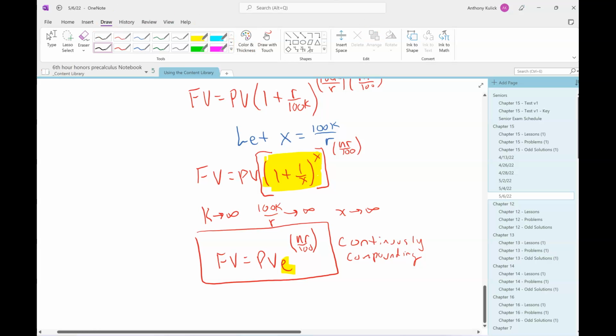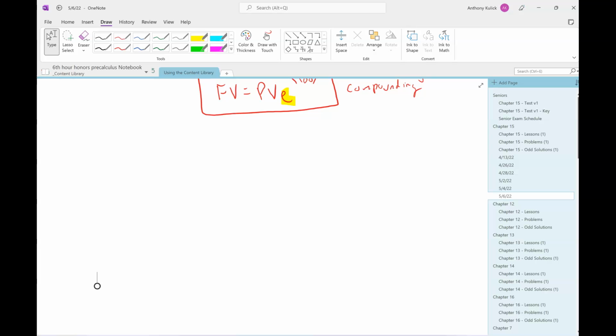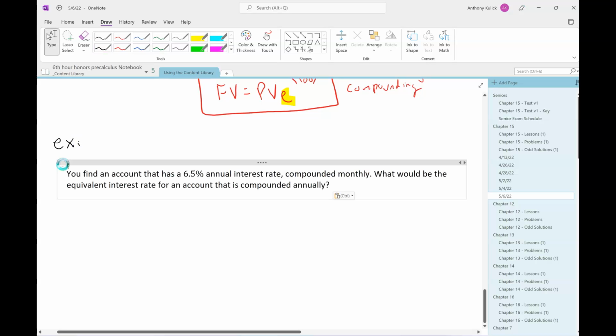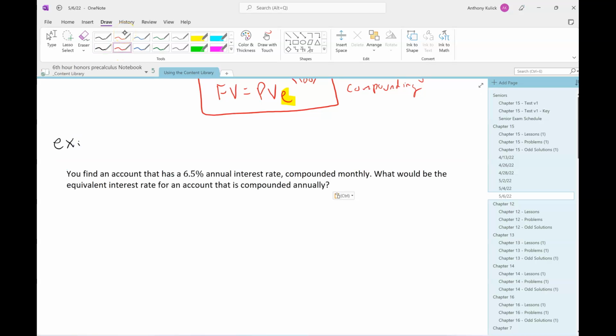Next up, let's do an unrelated example. So we have an account that earns 6.5% annual interest compounded monthly.